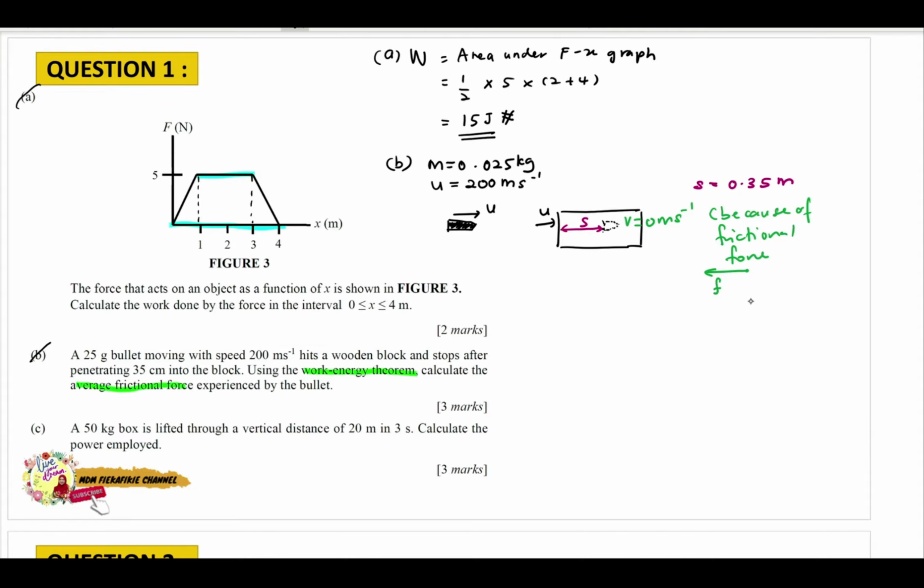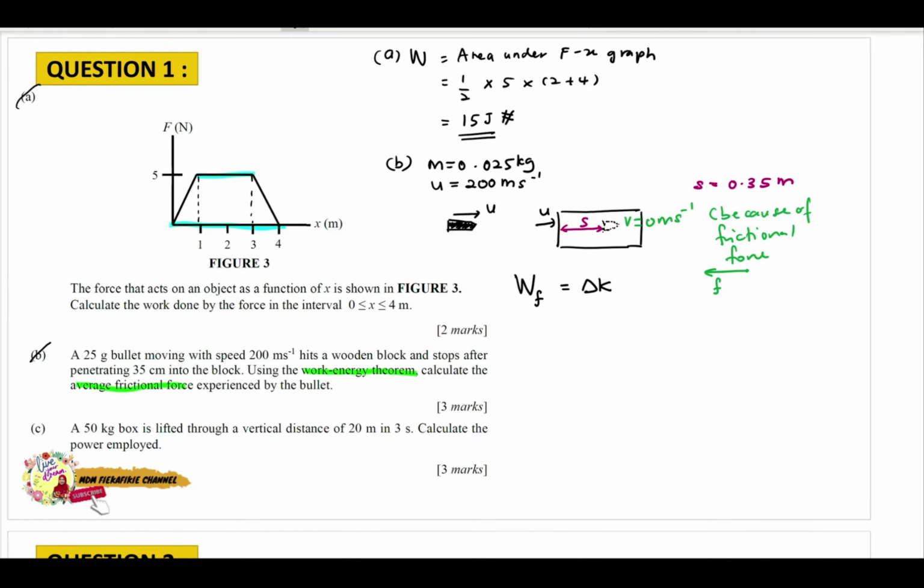Alright. So W, the work done by the frictional force, is equal to delta K. Okay, disebabkan ada perubahan velocity tadi, so means that ada perubahan kinetic energy. Daripada dia bergerak u dia 200 meter per second until dia stop. Means that ada kerja yang dilakukan in order to against the frictional force.